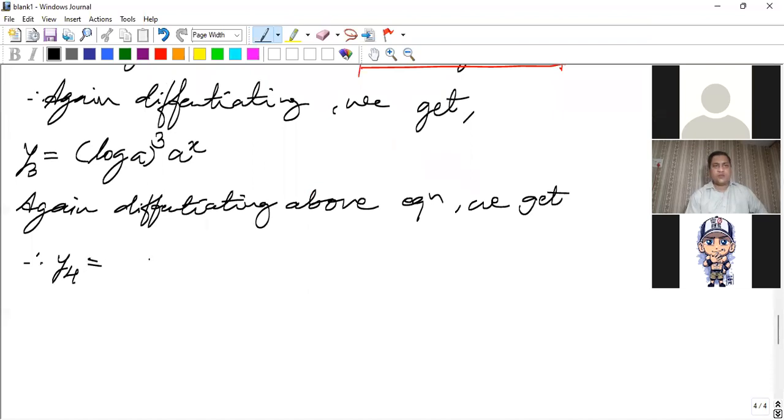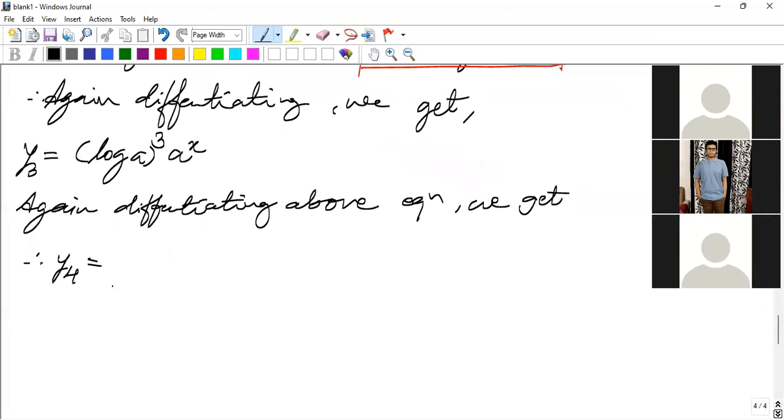What will happen here, Hussein? Log a whole bracket raised to power 4 into a raised to power x. Great. So log a bracket raised to 4 and it is a raised to x.